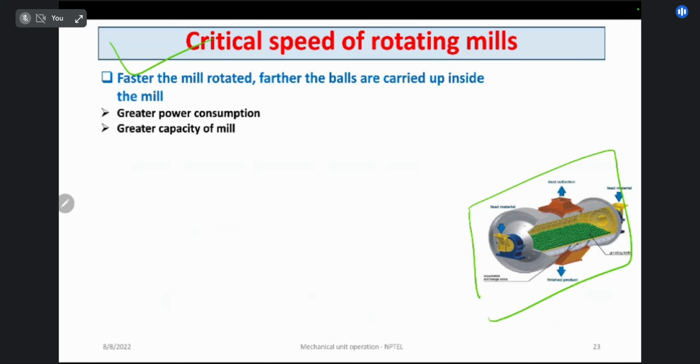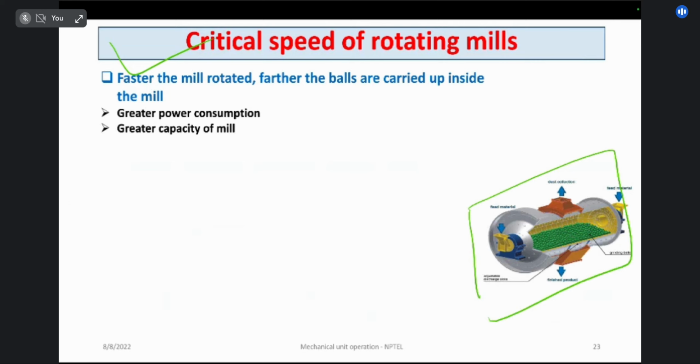It provides the impact force, and due to this rotation the hard solid metal balls or different kinds of rods give impact on our solid particle. This will be used for size reduction in the medium scale.